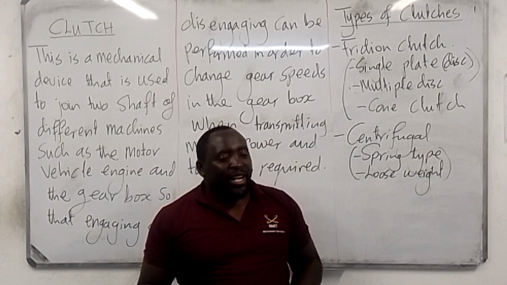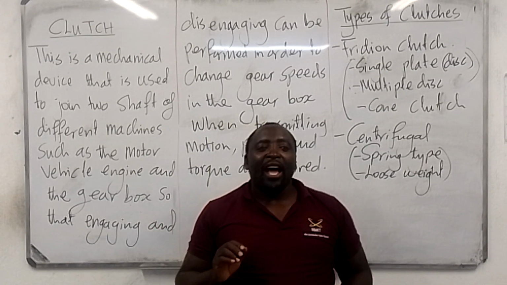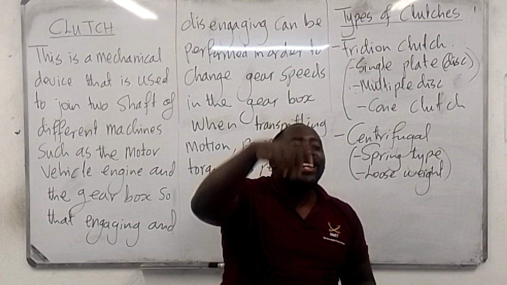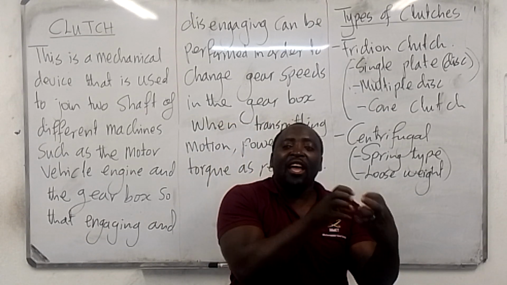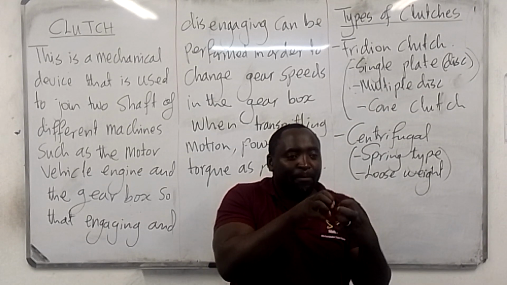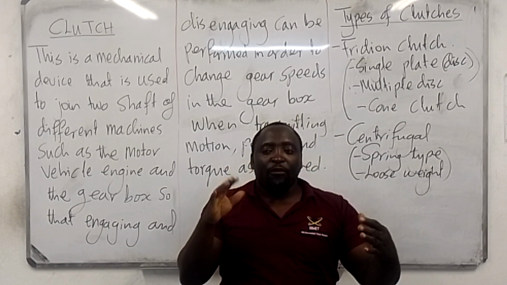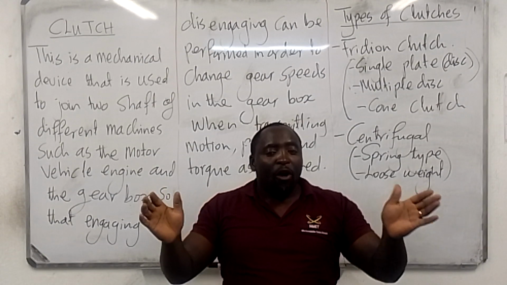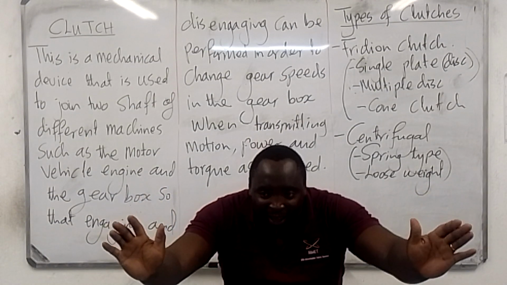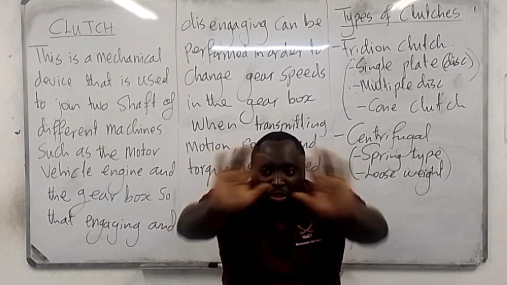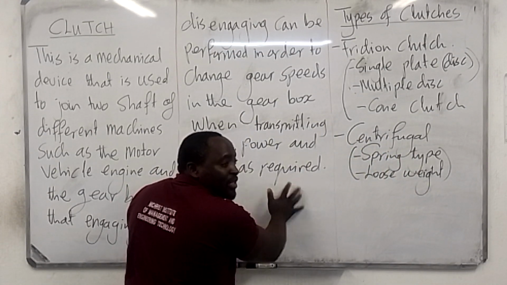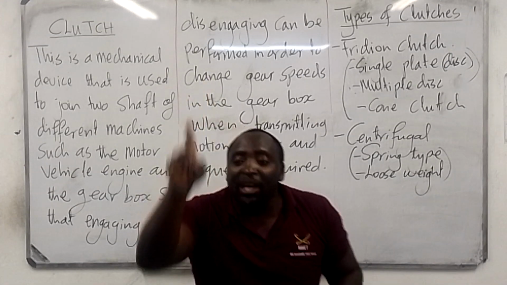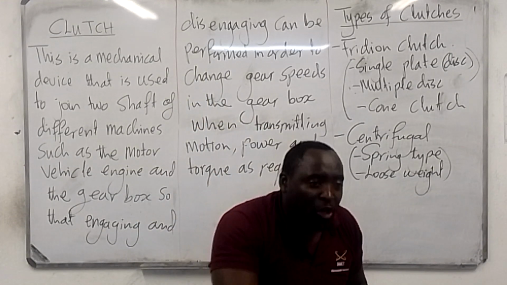So when you release the pedal of the car, what happens? You are releasing the thrust bearing from pressing the fingers of the pressure plate. So the pressure plate will now have freedom to move back and hold onto the friction surface. The friction surface is the one that causes motion.